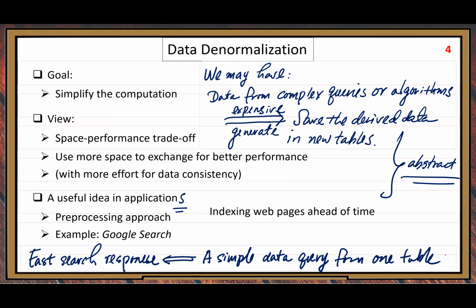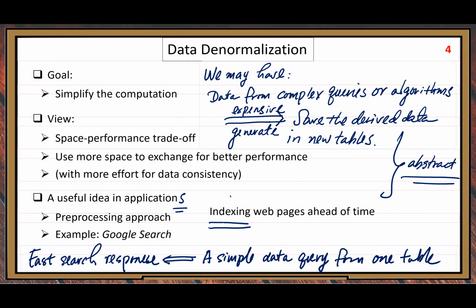But how? Let me expand the story and give you the details. There is an important pre-processing procedure called indexing web pages ahead of time. The keyword here is this indexing work. What do I mean by ahead of time?